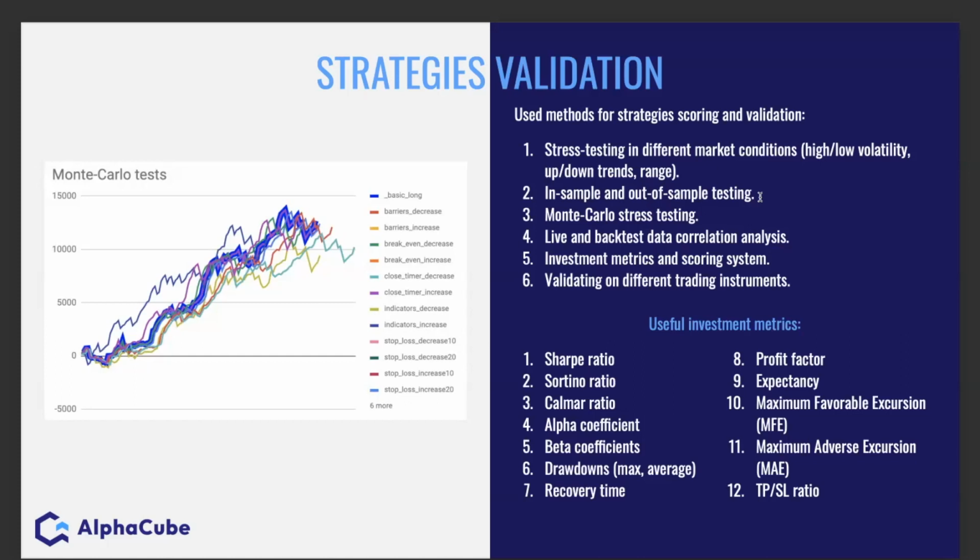When you calculate your PNL curve, you can also cut it into in-sample and out-of-sample pieces, and then compare the in-sample and out-of-sample results.